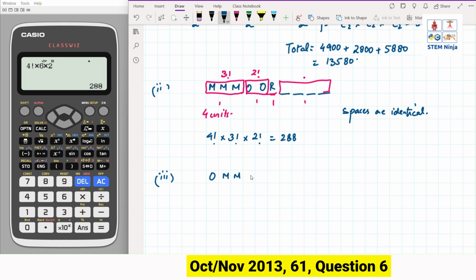We have mountain, racing, ordinary, and spaces can be anywhere, which basically means that we have this unit over here, 1 unit. Now we'll call them space, space, space, space. So this unit can be over here, over here, over here, over here, and over here.